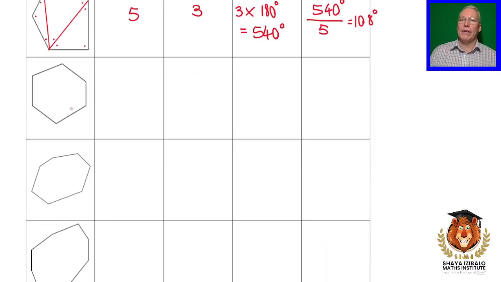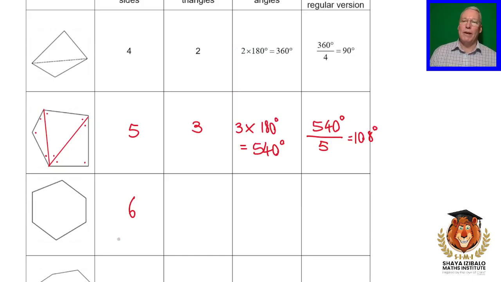The next shape we want to look at is a hexagon. How many triangles can I put into a hexagon? Well, if I choose a point, I can make a triangle to there. I can make a triangle to there. All right, very irritating. Sometimes my lines are so bad that it won't straighten them up. Those two are meant to start at the same place, by the way. And I can make a triangle to there.